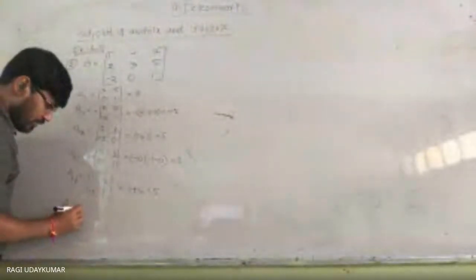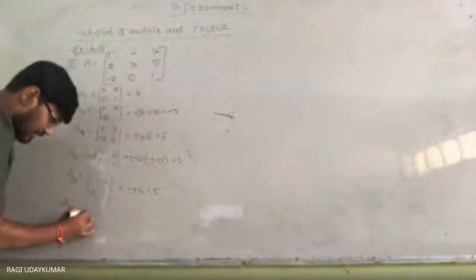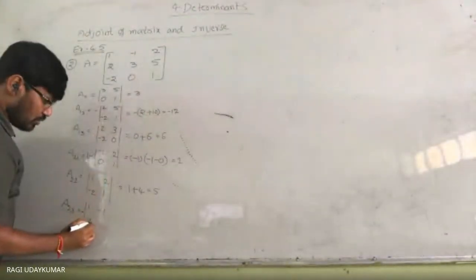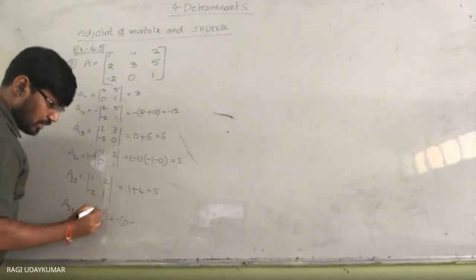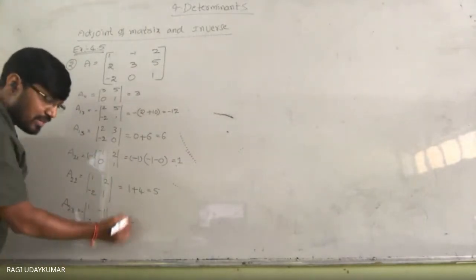Now A23. Here minus will come. This row and this column are deleted, so we get 1, -1, -2, 0. Which is equal to minus of 0 minus the product of these two, plus 2. Most students, in that confusion, will write plus 2.